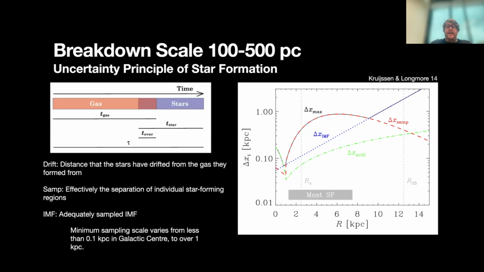And when you get to smaller and smaller scales, at large scales, what helps you is you start to get a good answer because you're sampling a full IMF.